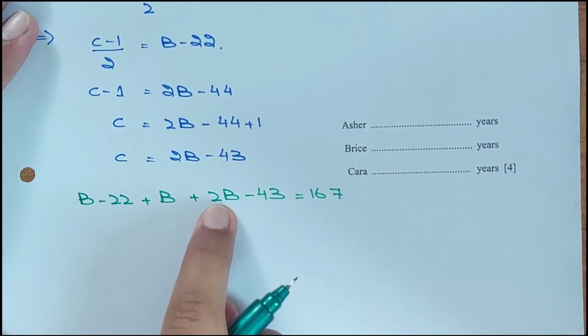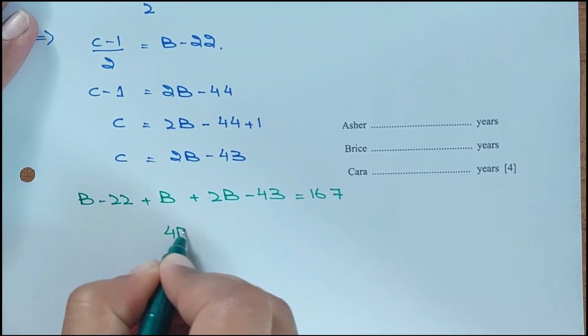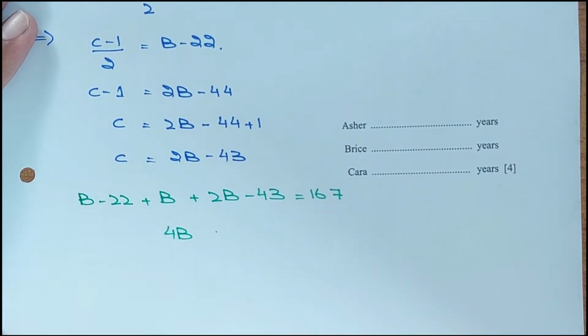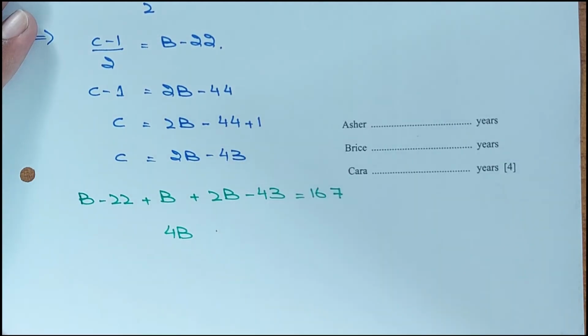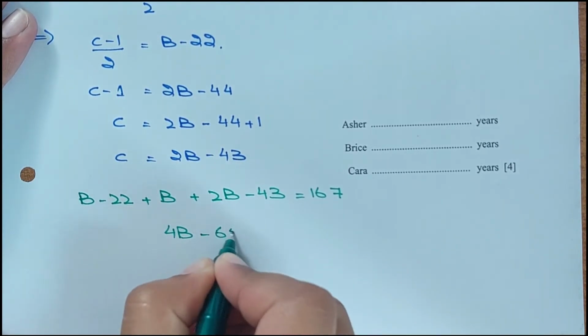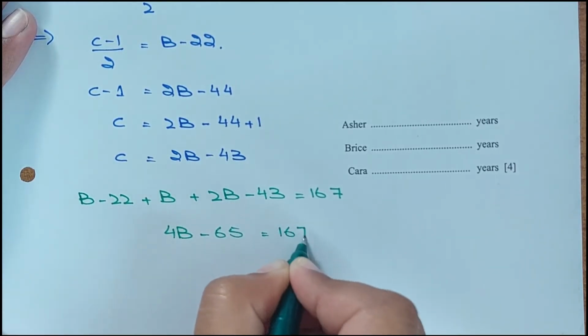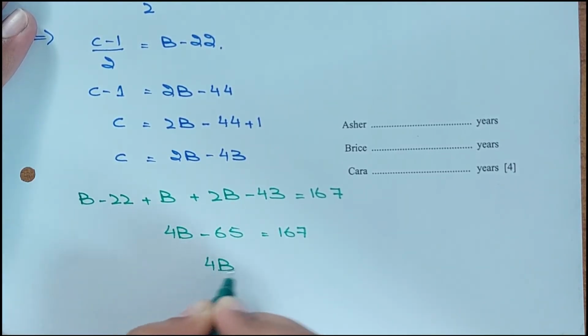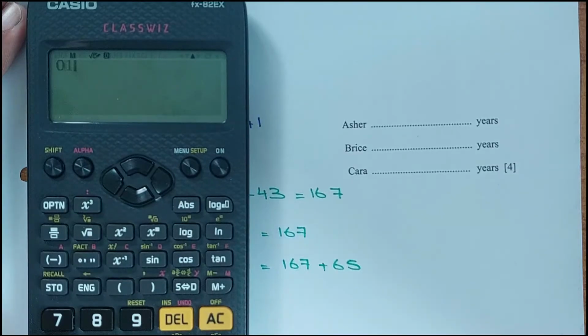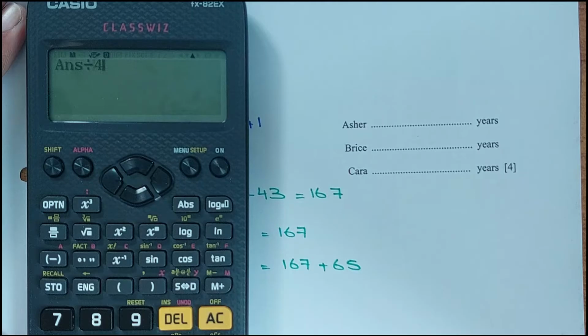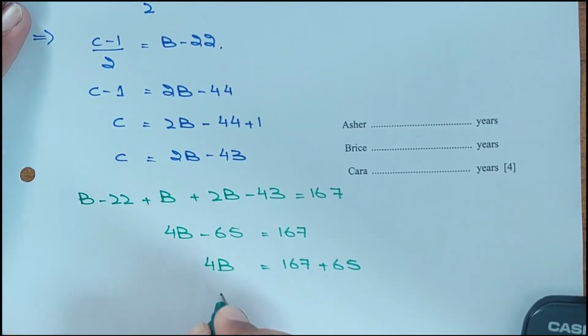Let me solve for B. 2, 3, 4, so 4B, and minus 43 minus 22, which is minus 65. Minus 65 is equal to 167. So 4B is equal to 167 plus 65, right? 167 plus 65 divided by 4 is 58. So the B age is 58.